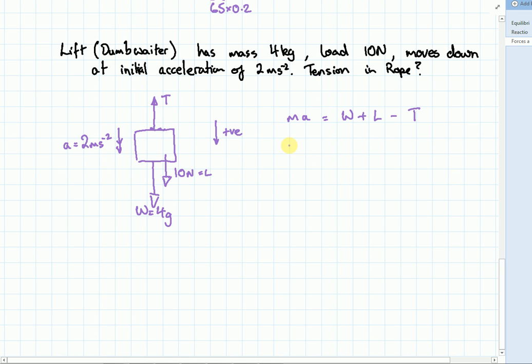We've got 4 times 2 as the acceleration. The weight is 4 times 9.8, plus my 10, minus the tension. So rearrange the equation: tension equals 39.2 plus 10 minus 8. So I get a tension of 41.2 newtons in the line.